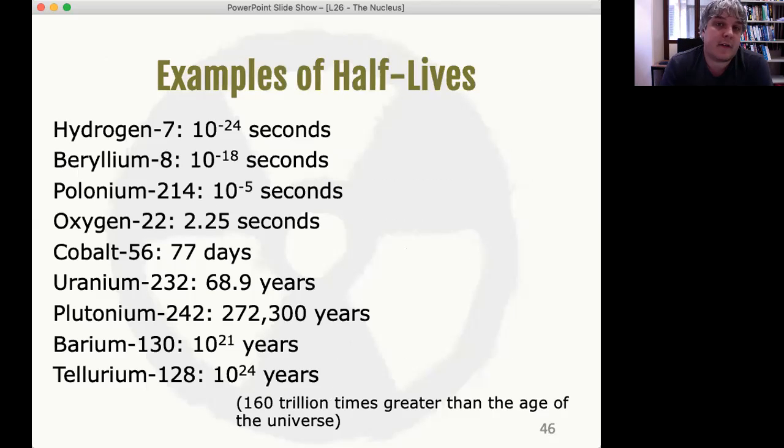Some examples of half-lives. So how quickly do these things decay? Some of them decay very quickly. Hydrogen-7. Remember, hydrogen is a single proton, so hydrogen-7 has 6 neutrons. 6 neutrons are completely unnecessary. The proton isn't even repelling itself at all, so no neutrons are necessary for hydrogen, but for some reason hydrogen-7 has 6 neutrons, and that is very quickly going to decay.